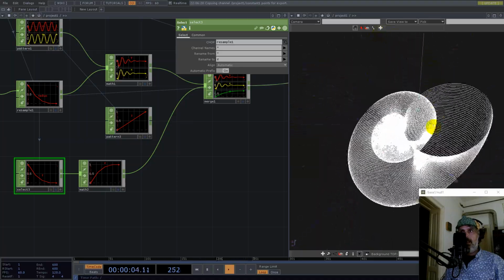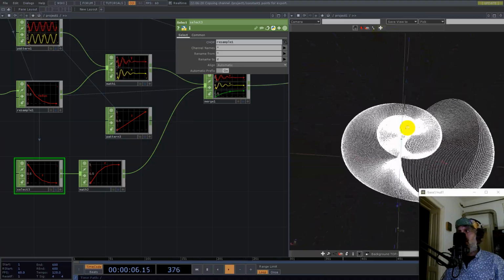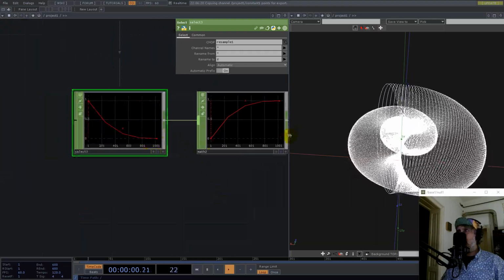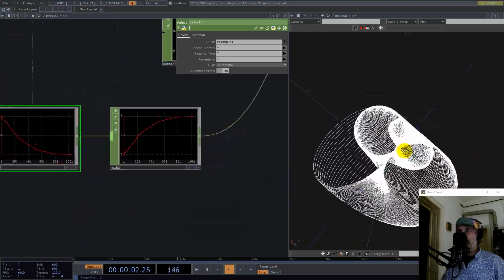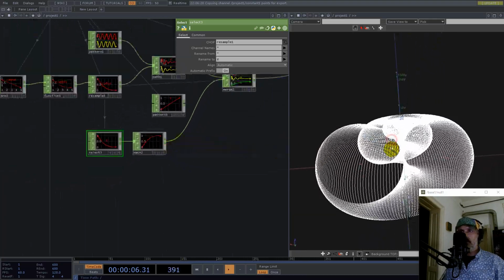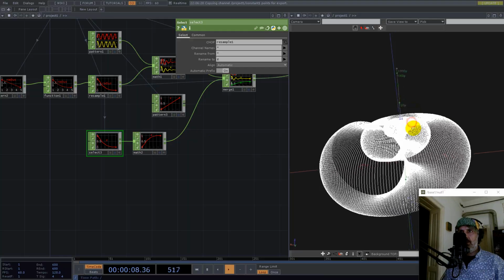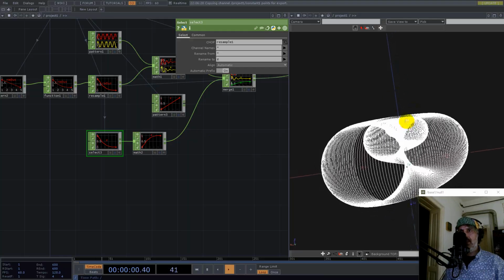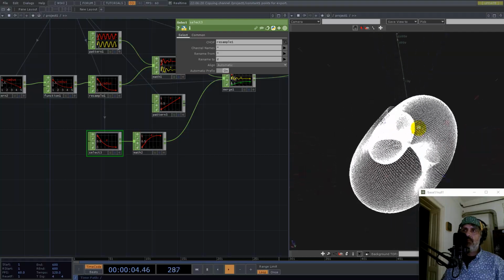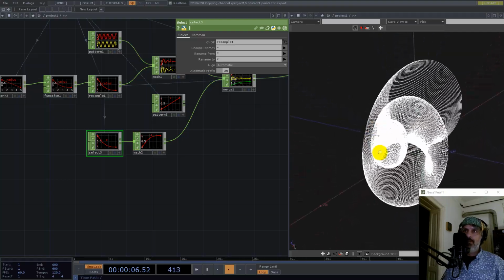Okay, a little bit better, but what we need now is, what if we want to increase the height, not stop when it reaches 1, you see?